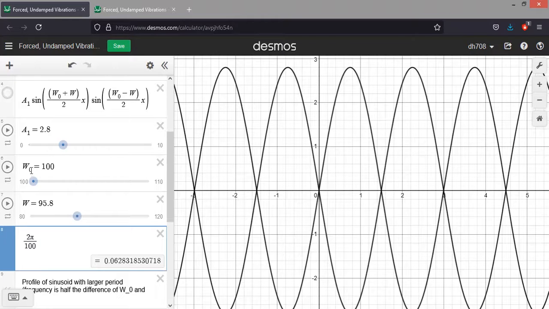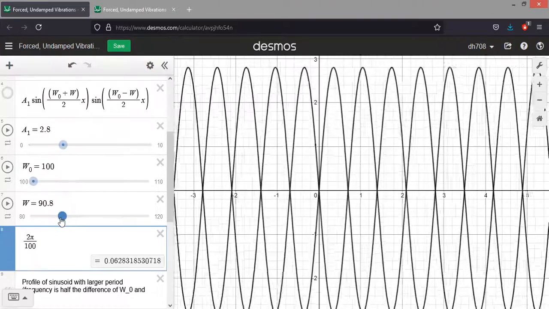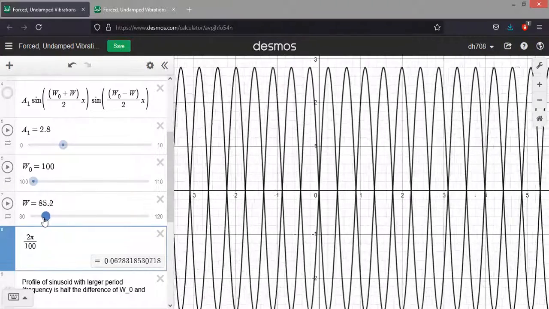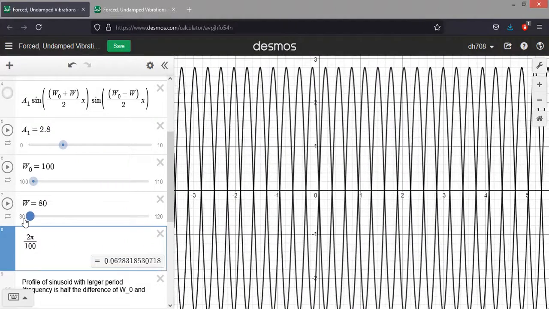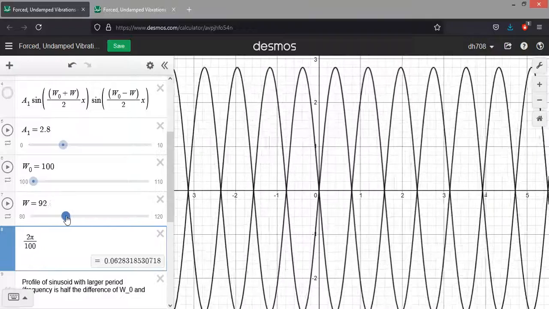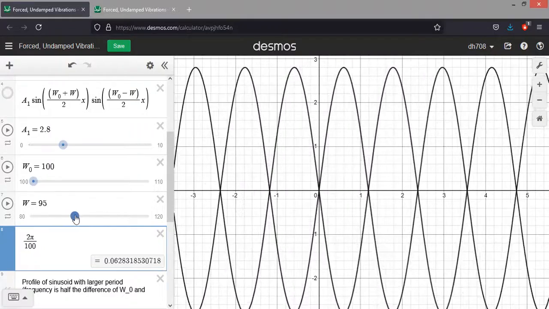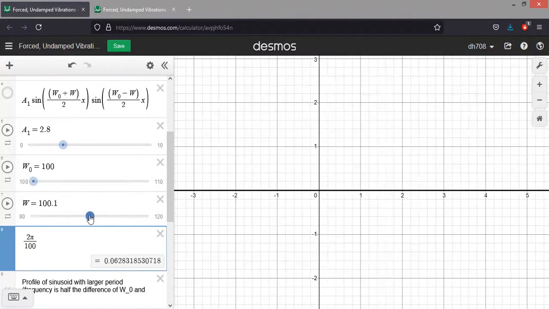And that's because omega naught and omega are pretty close. If I change this, see that they get less and less big. You see it's actually converging inward toward that natural frequency. But when it's close to the natural frequency, you get these longer and longer oscillations.